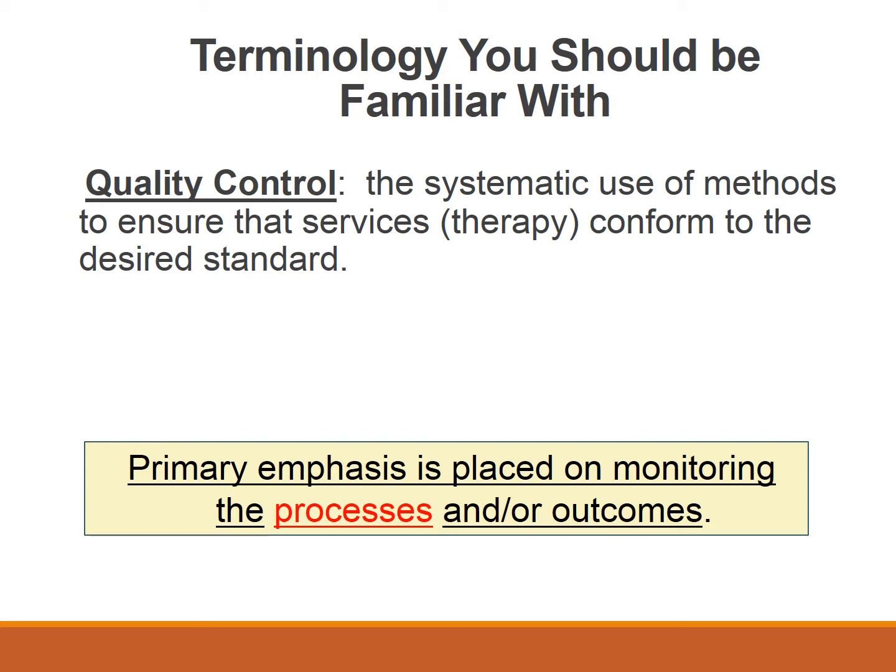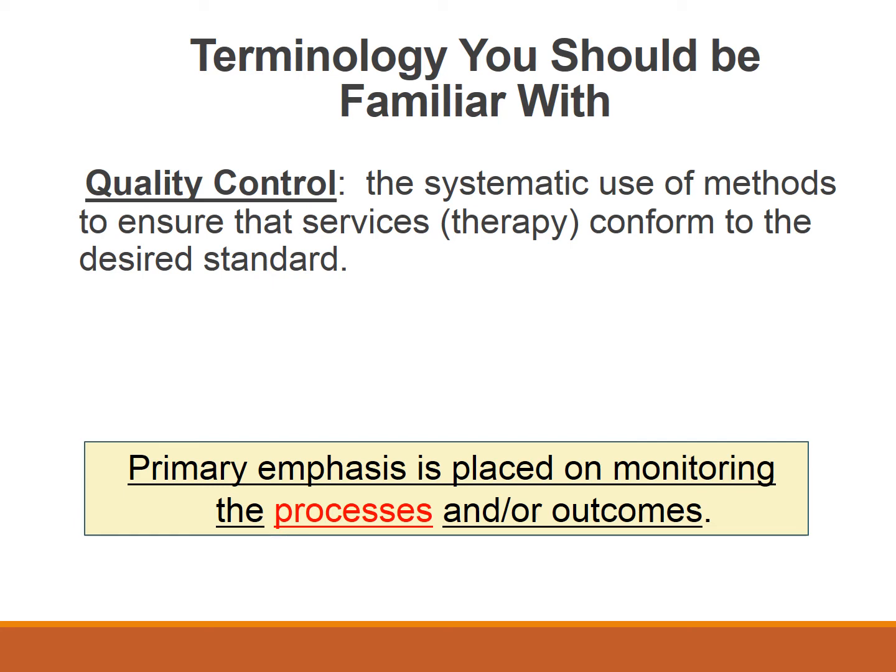You want to identify what was it in the process that broke that down. You need to put a plan in place to prevent it from happening again. You have to re-educate your staff, retrain your staff, assure that there are competencies, and you want to control and continue to monitor to make sure future infections don't occur. So that's what quality control is.